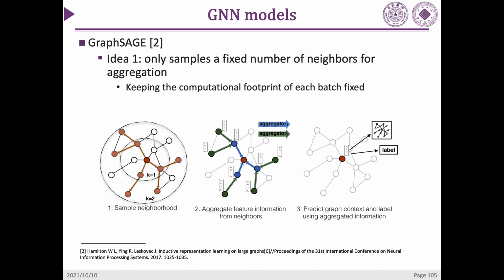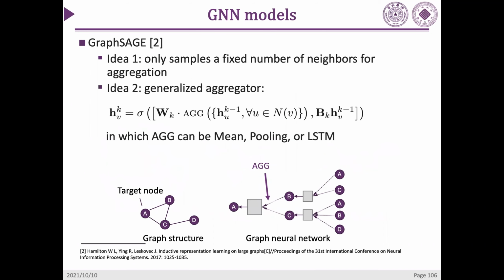To solve this problem, GraphSAGE only samples a fixed number of neighbors for aggregation to realize mini-batch training while achieving the same accuracy. Besides, GraphSAGE uses a generalized aggregator. They try mean, max pooling, and LSTM aggregators and achieve similar accuracy.